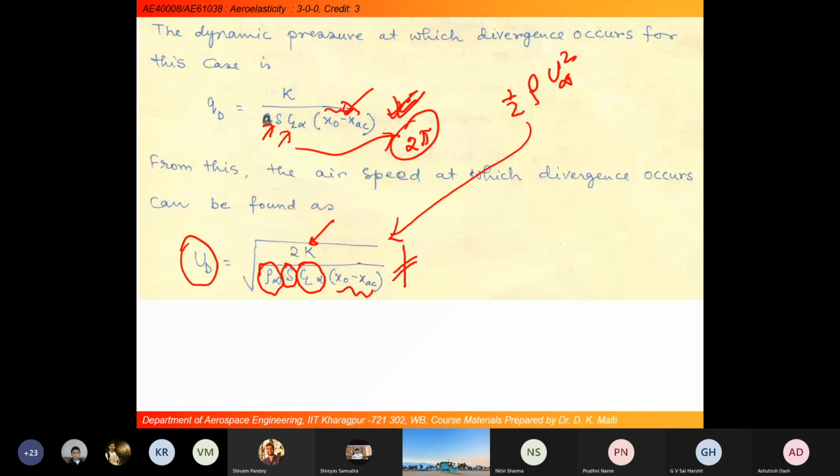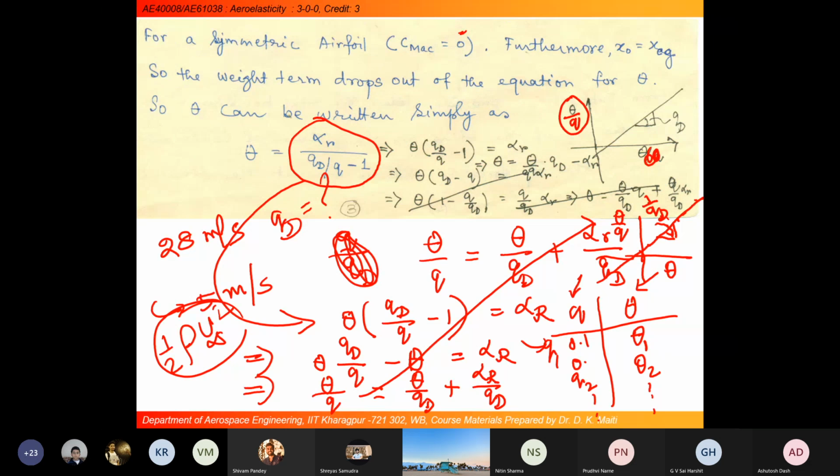If you look at the experimental data, all we have to do is, for several values of q, measure the theta. I don't need to measure any other information from the experimental model. I need to measure the value of theta and the value of q.